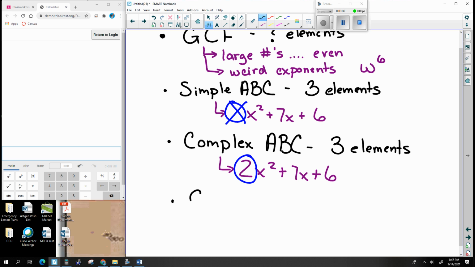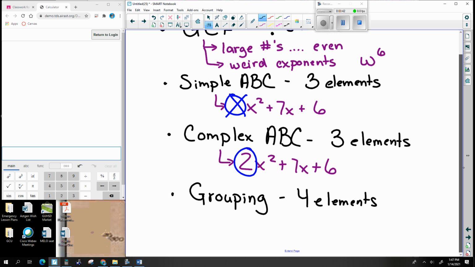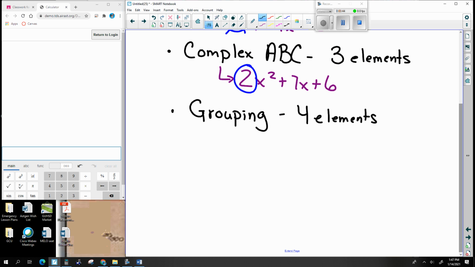Next is grouping. Grouping is 4 elements, most often starting with an x to the 3rd.